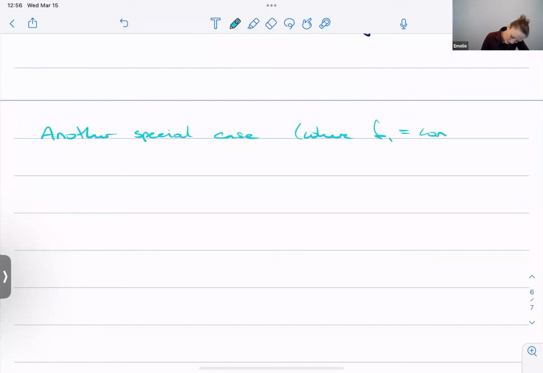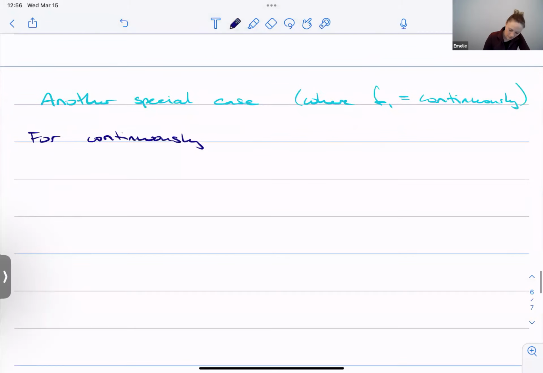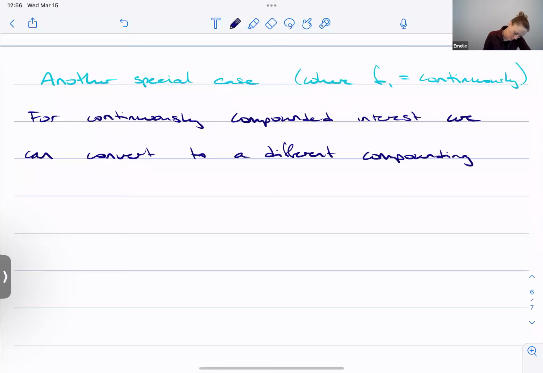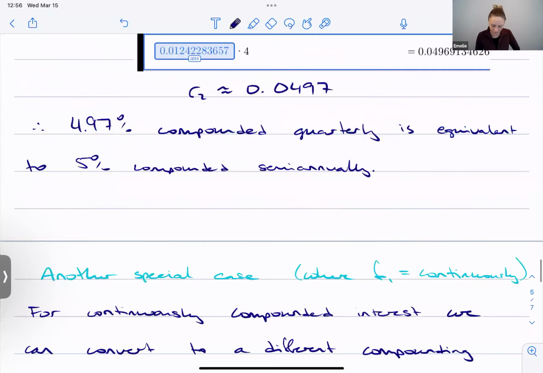For continuously compounded interest, we can convert to a different compounding frequency, and that formula is on your formula sheet.